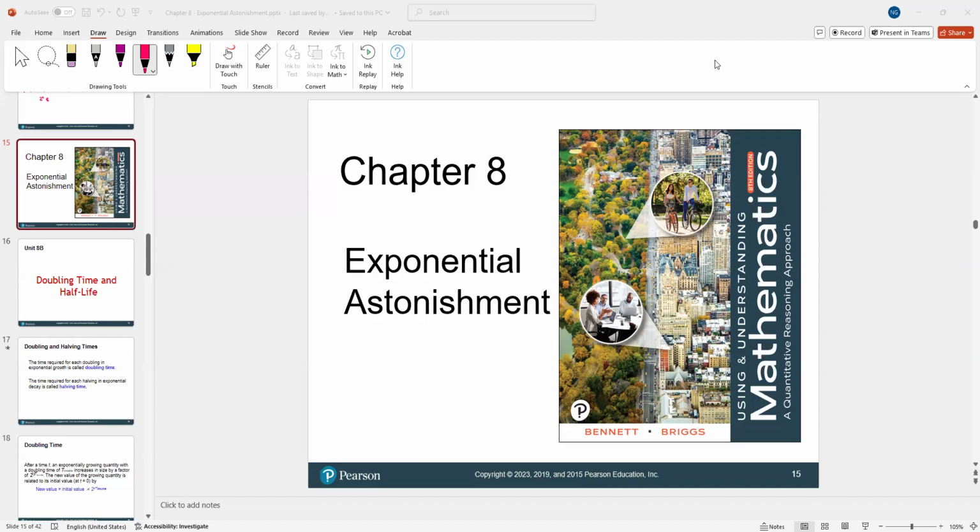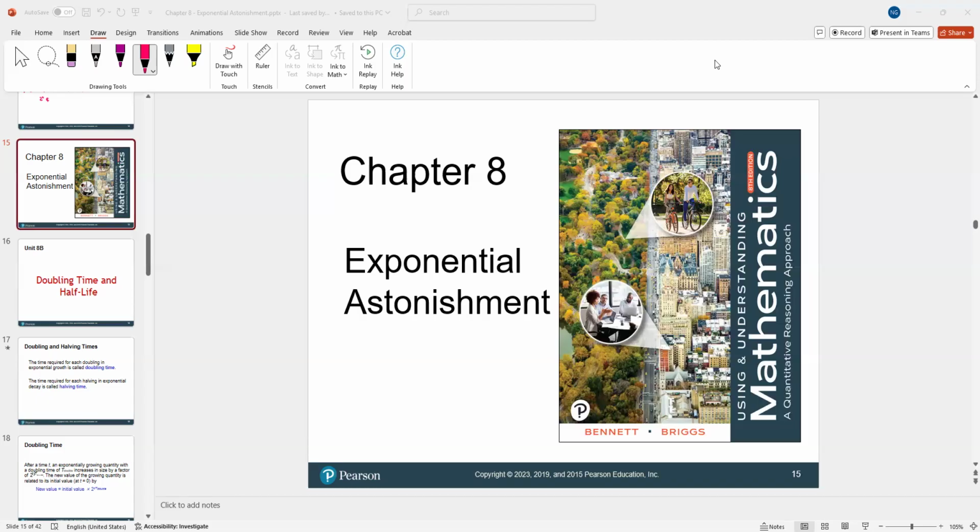In this video, we're going to continue with chapter 8, Exponential Astonishment. After we took a look at section 8A, linear growth versus exponential growth, in this unit we will try to convert between growth or decay rates and doubling and halving times, because we know exponential growth leads to repeated doublings and exponential decay leads to repeated halvings.